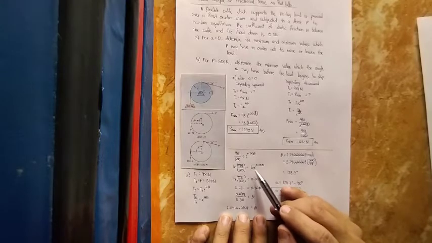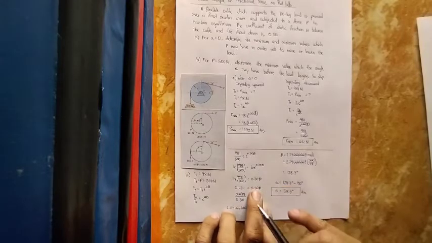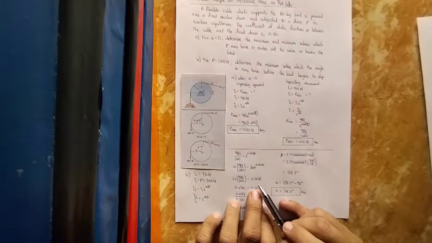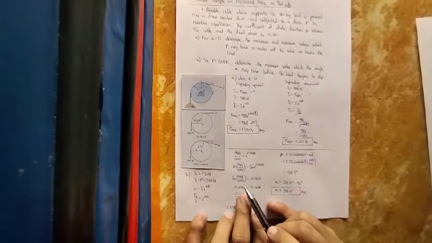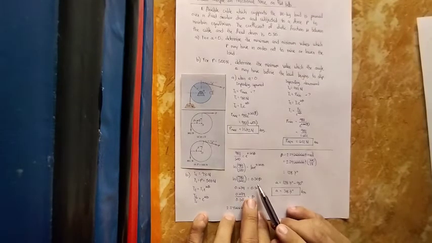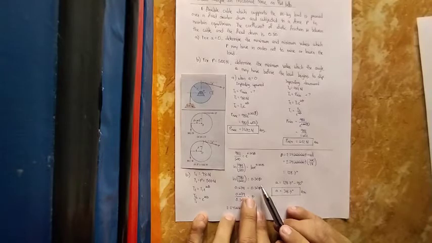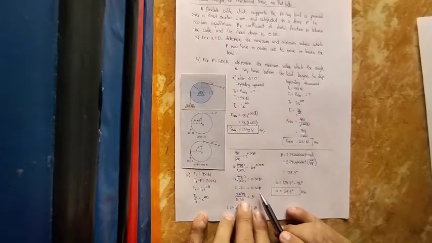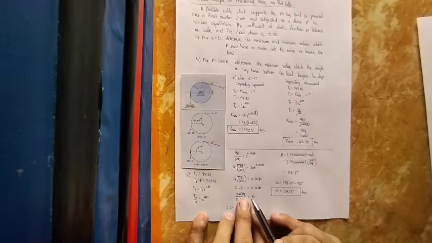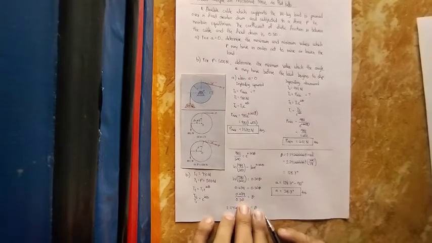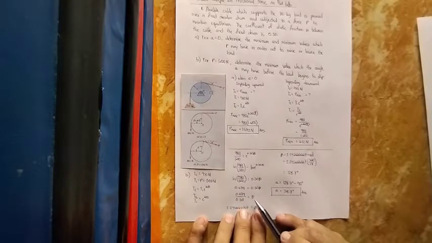We cancel the ln and E, and then ang naiwan is yung 0.30 times beta. At dito naman sa left side, ln 981 over 500. We divide the coefficient of static friction 0.30 on both sides. Ngayon, ang naiwan is yung beta.